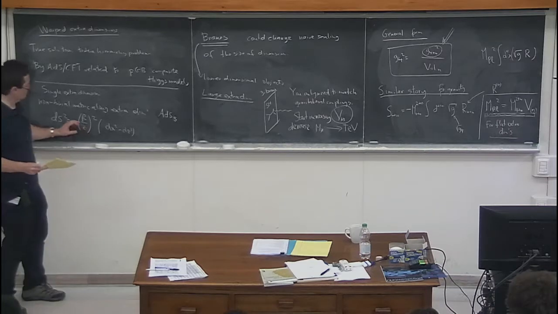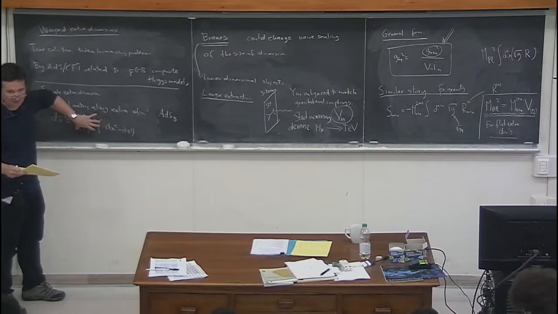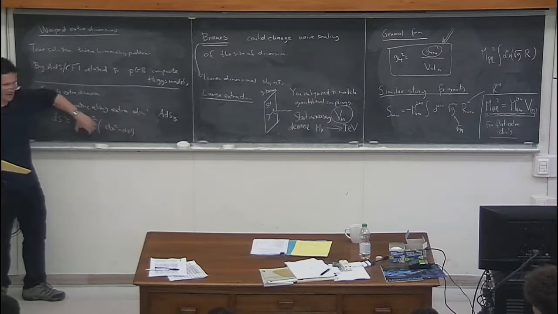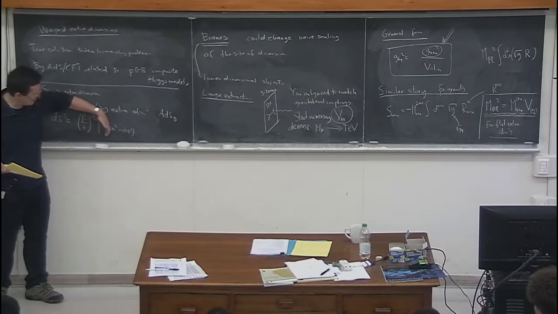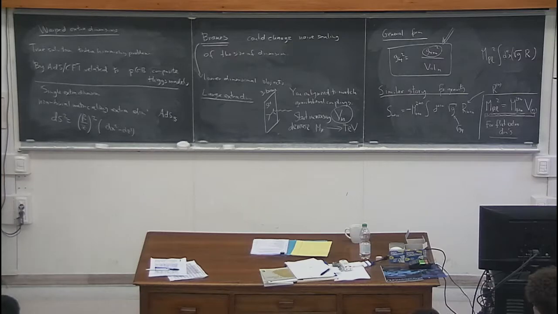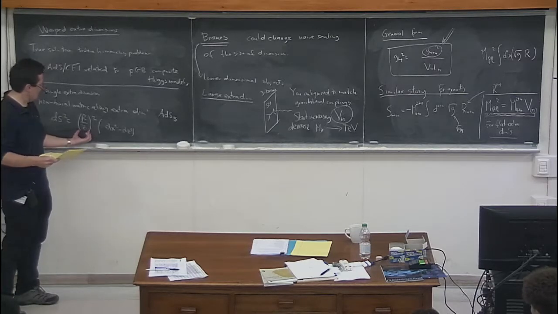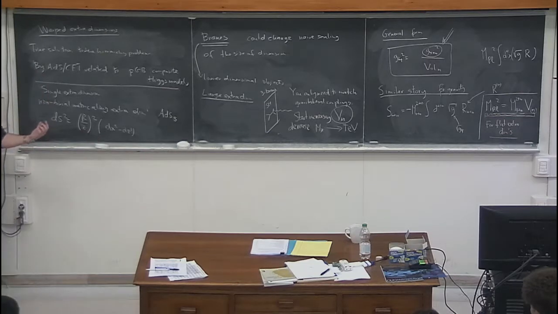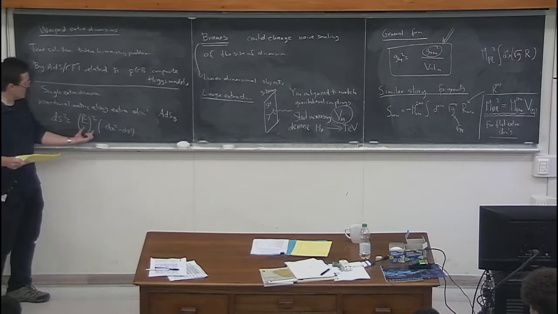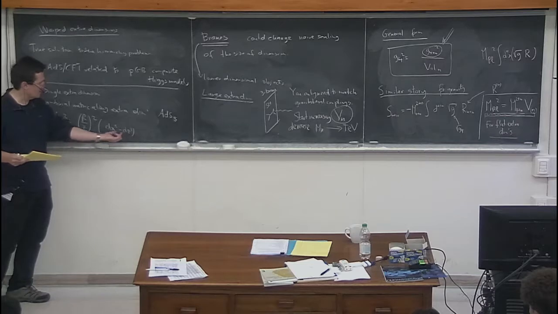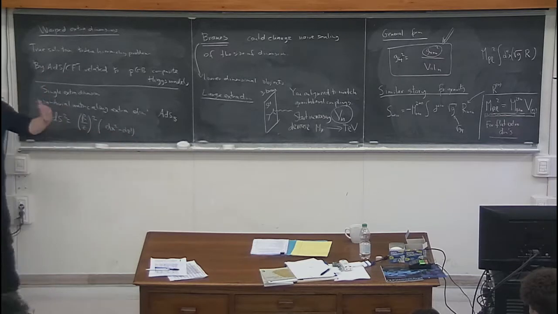So I usually use the one where there is an overall factor in front of the entire 5-dimensional distances. In the Randall-Sundrum paper, there was a warp factor in front of the 4-dimensional coordinates and no warp factor in front of the 5th coordinate. So that's just a coordinate transformation between these two coordinates.